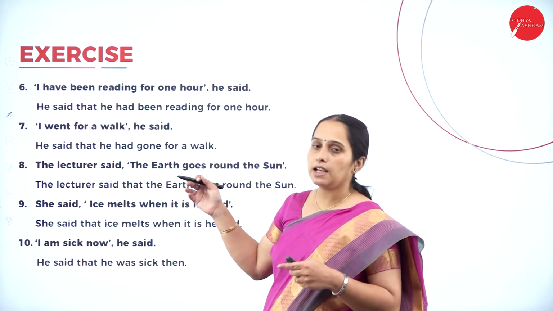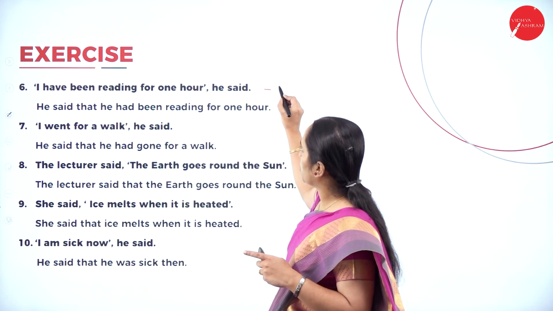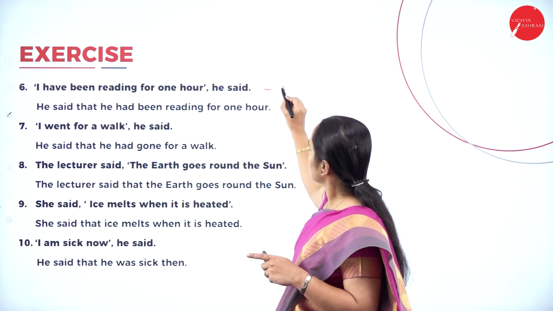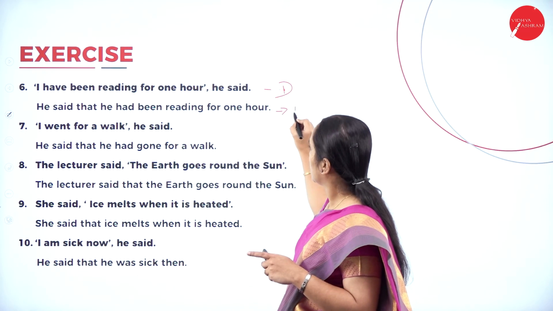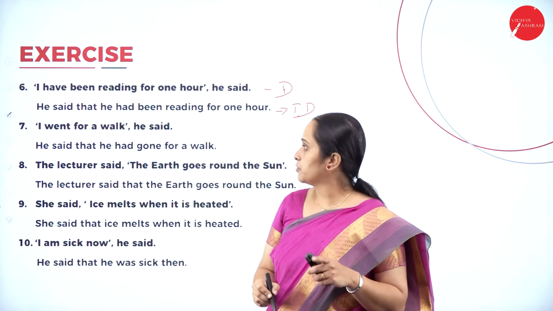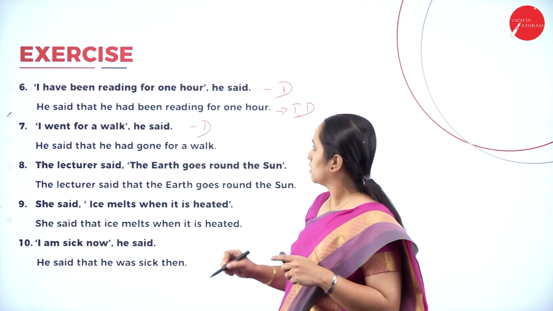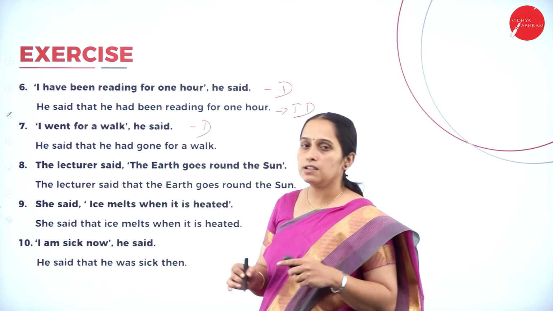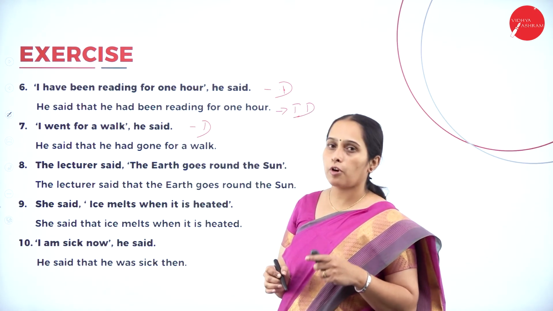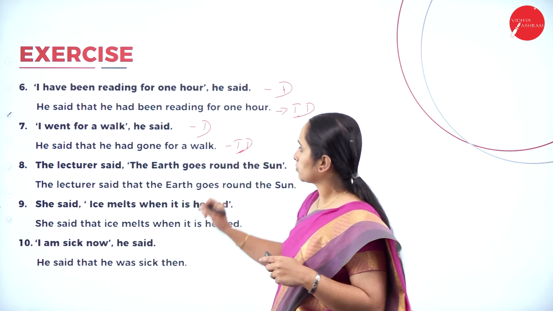So, what type of sentence is this? This is direct speech and this one is indirect speech. Next, "I went for a walk," he said. What type of sentence? It is direct speech. So, he said that he had gone for a walk. This is indirect speech.